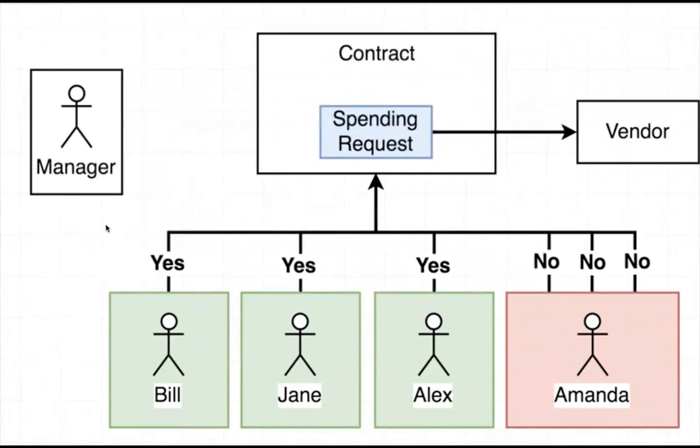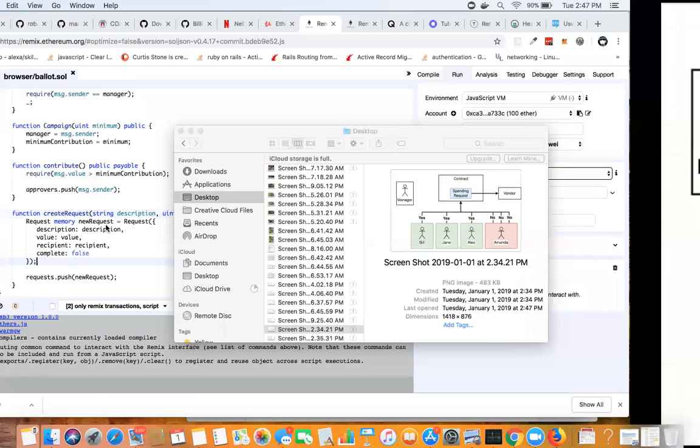So we see that Bill voted one time with yes, Jane voted with yes one time, Alex voted with a yes one time, but Amanda is trying to vote no 3 times on the same request here. We absolutely want to avoid this behavior. A contributor should only be able to vote one single time on any given request, okay?